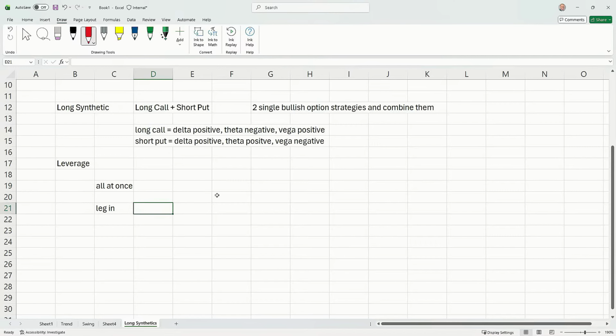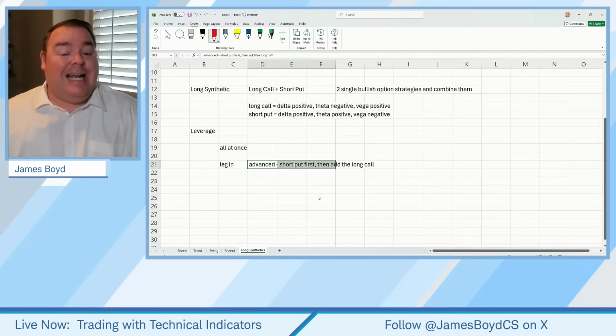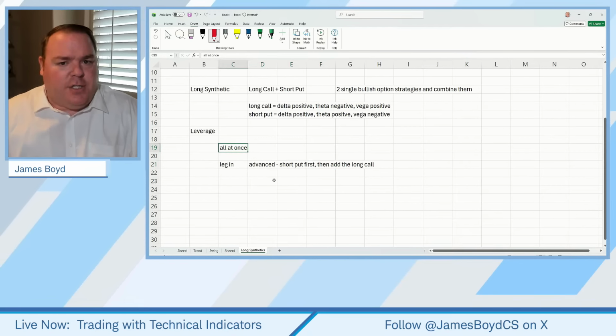If someone says, I'm going to leg in, I'd say this is a little bit more advanced, and most likely, not always, someone might do the short put first, then add the long call. You're probably trying to do the short put first when the price is down near the horizontal support level, and then you get the confirmation of price and add on the long call. What we're going to focus on first is just doing it all at once, okay?